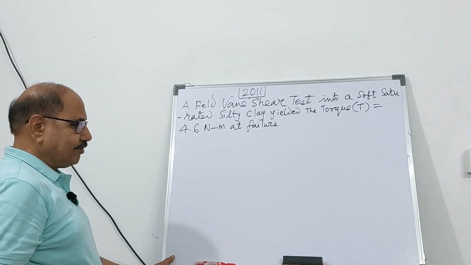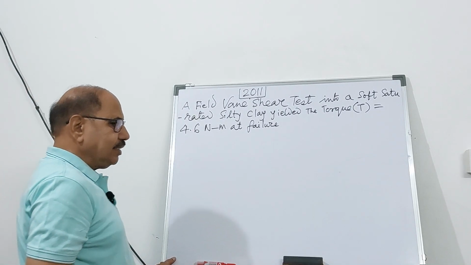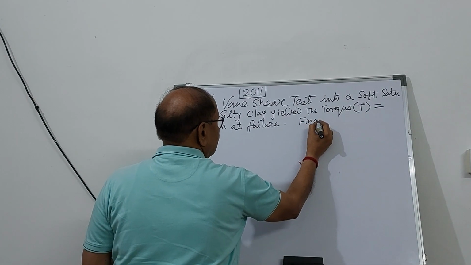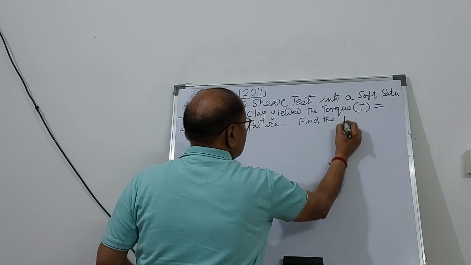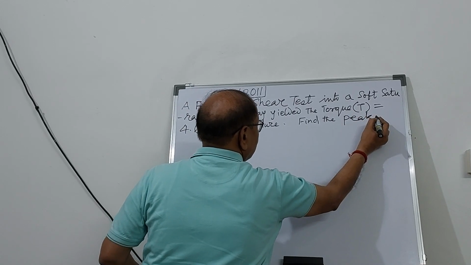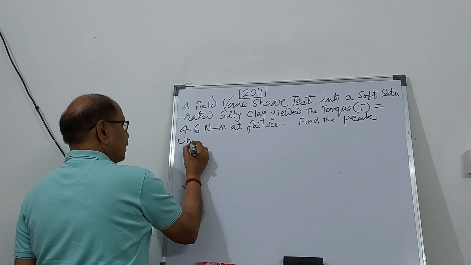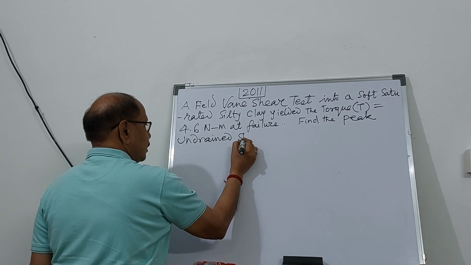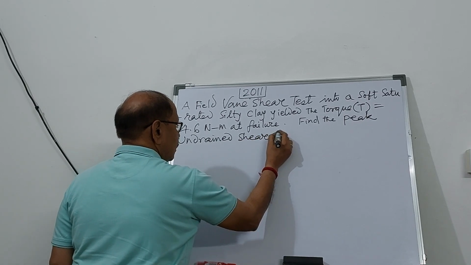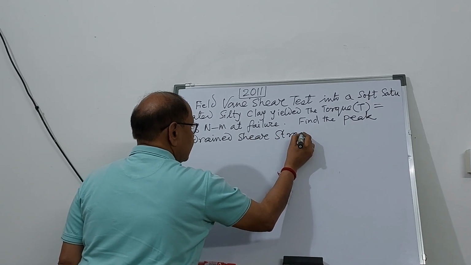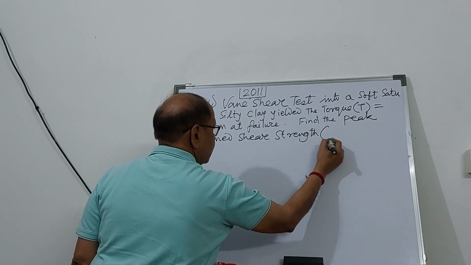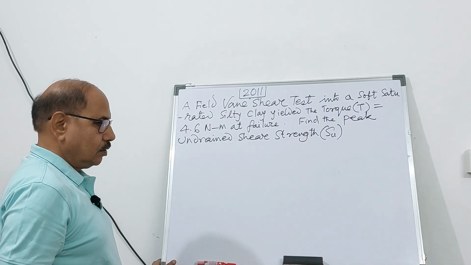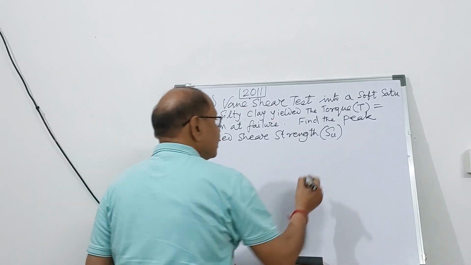So torque T is given to you. Find the peak undrained shear strength of this soil.